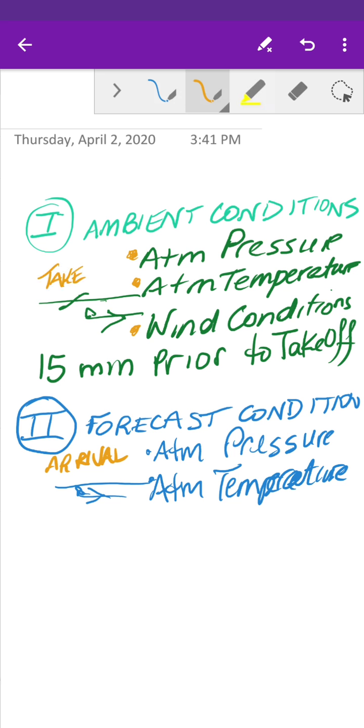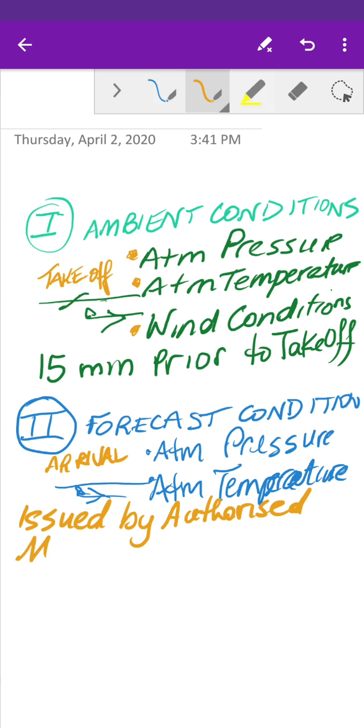At the arrival, we need to know before we take off what the forecast conditions are for the aerodrome that we're landing at. This must be known before takeoff, and it's important that the forecast conditions are issued by an authorized meteorological officer.